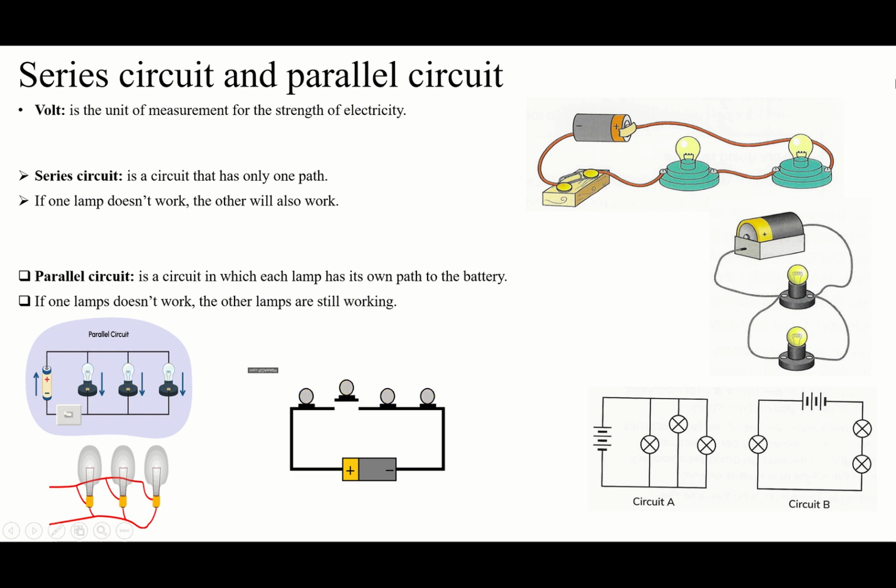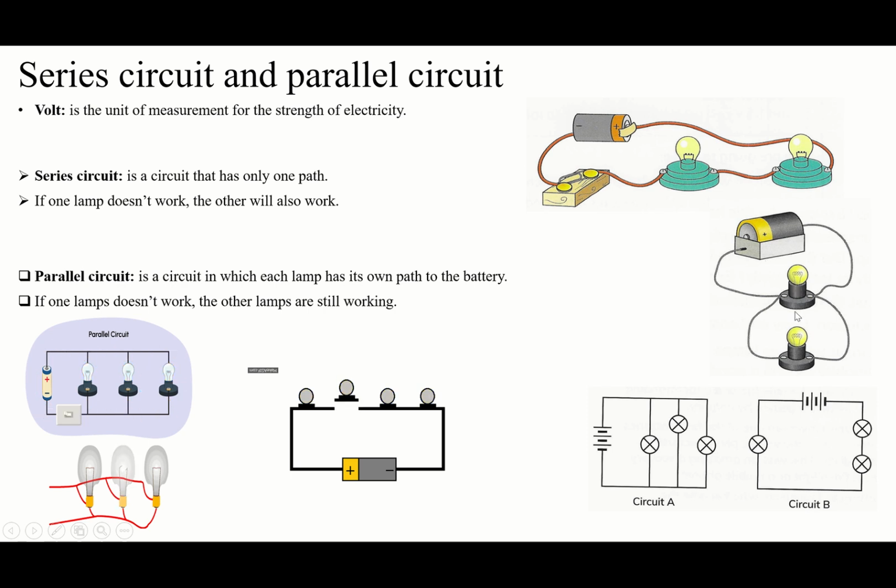But in parallel, it's not like that. Because each of them has its own path, the whole electricity from there will go for this one, and the whole will go for the next one. It means if we have 6 volts here, each of them will get their 6 volts. Because they are not related to each other, the electricity will not be divided.